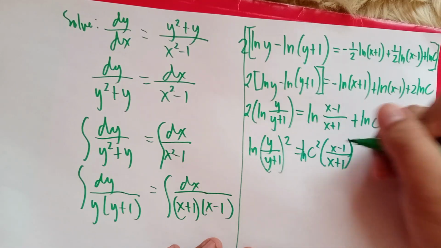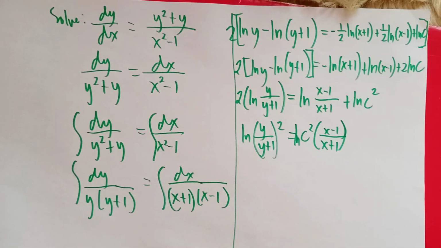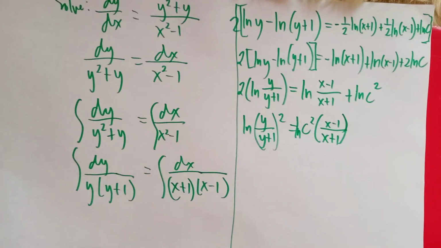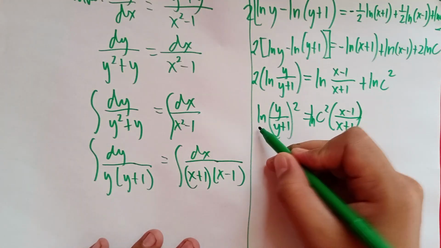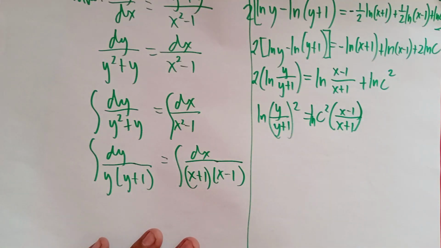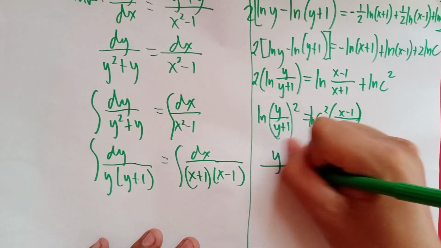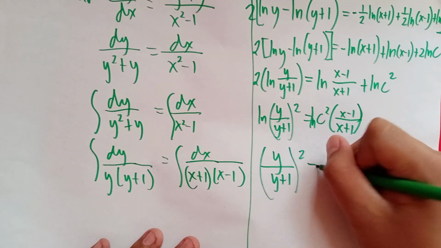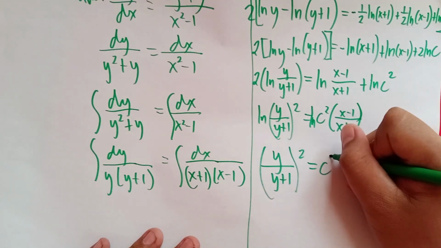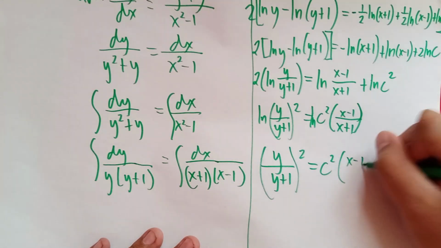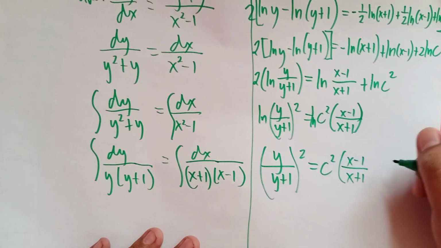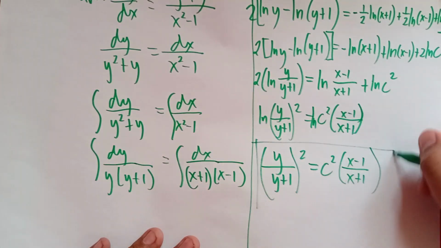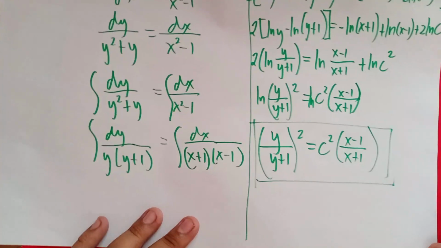Okay, there is still a natural log here, mga boss. So, again, we have natural log here, we have natural log here, we can cancel. This is now equal to y plus 1 quantity squared, equals c squared times x minus 1 divided by x plus 1. So, this is now our final answer, mga boss.